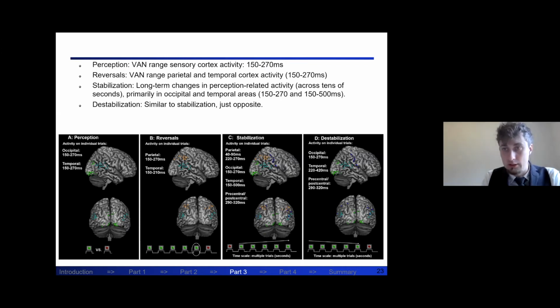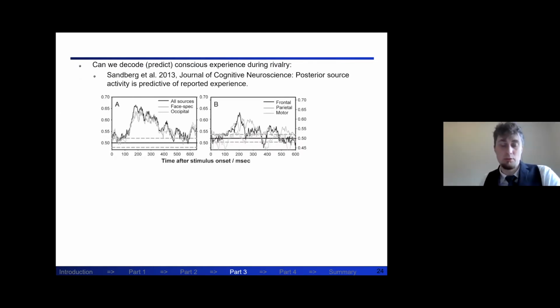So overall, in the MEG for this paradigm, it's mostly this intermediate time point correlate that shows anything about experience. But in a different paper, we also wanted to see if we can decode perception at these sources.